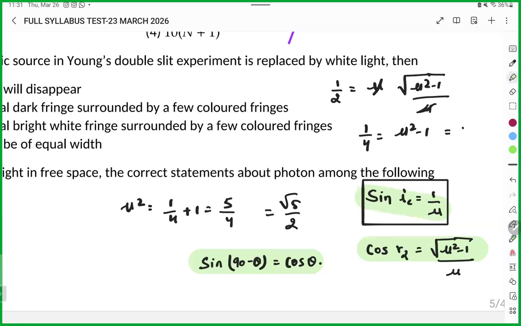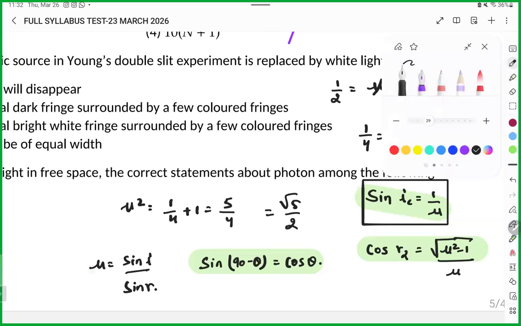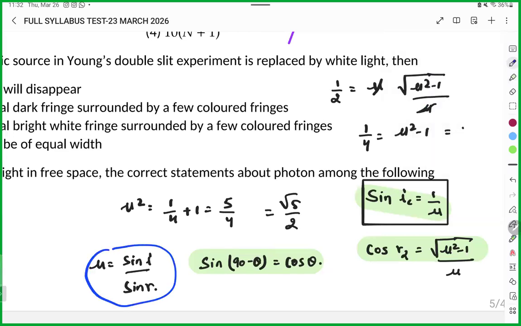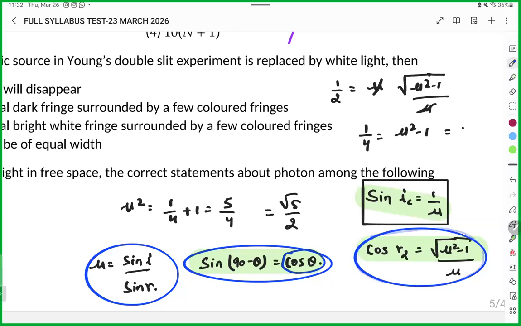And fourth, of course, Snell's law, which says that nu is equal to sine I by sine R. If you put it all together, first apply sine I by sine R and put the value. After doing this, apply sine 90 minus theta is equal to cos theta. Whatever cos value you get, apply the last formula, and then do the normal calculation.